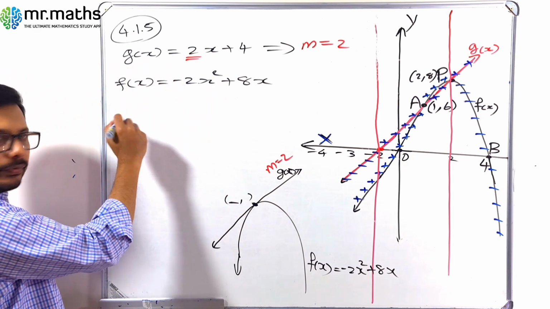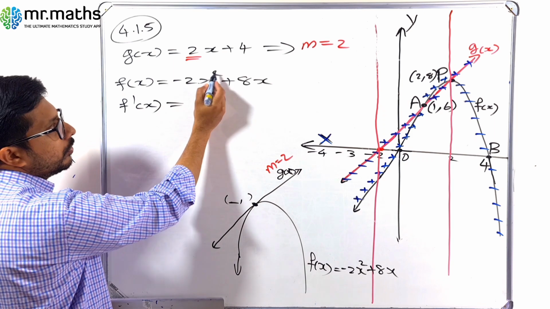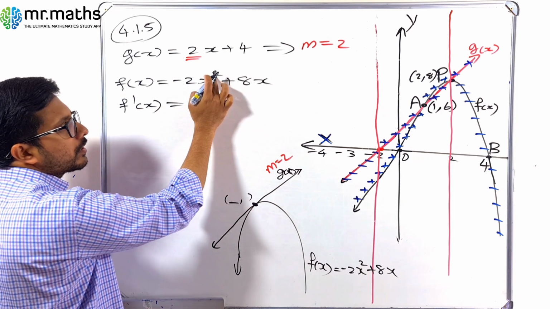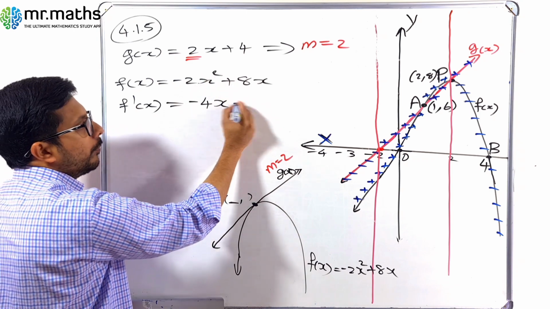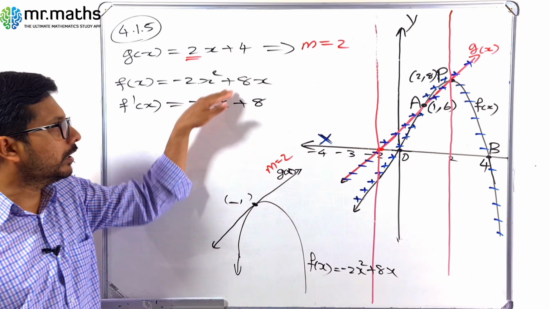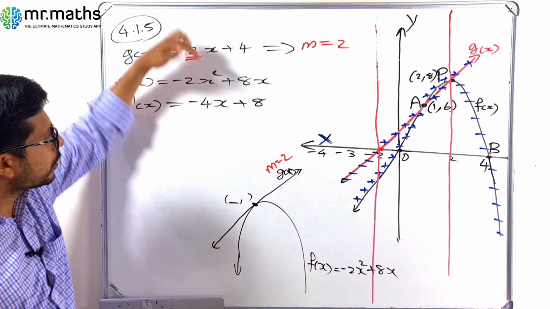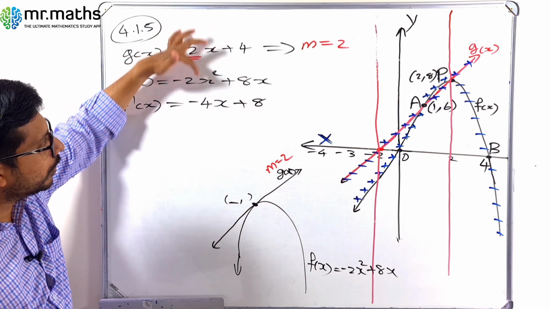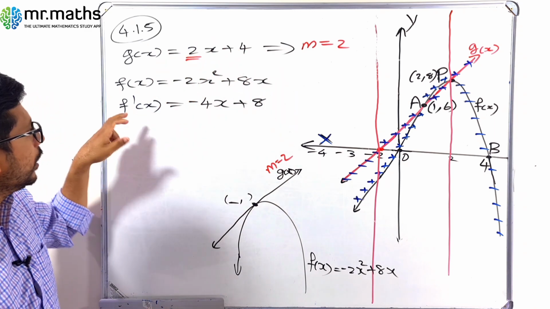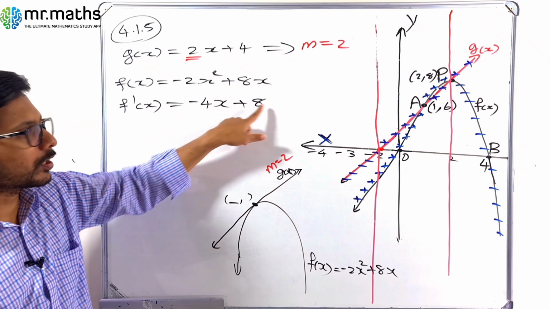First you have to find the derivative, that means f dash of x. What is the derivative? 2 times minus 2, that is minus 4, x raised to 1 less than this 2, that is 1. Plus 8x, the derivative is 8. I am not going to explain how to find the derivative here; you will study that from the calculus section. So 2 times minus 2 is minus 4, 1 less than 2 is 1, and the 8x derivative is 8. So the derivative of this f of x graph is minus 4x plus 8.